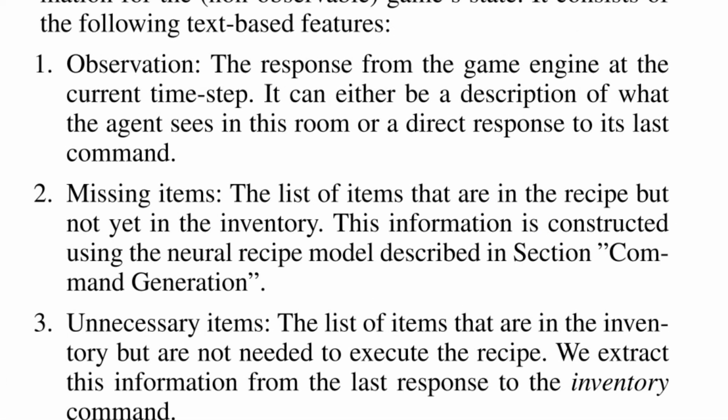It's whatever you saw, the big text you saw before, like you are in the kitchen, it looks like this, it smells like this, you turn around, and so on. This would be the observation. It's what the game engine says at the current time step. This is just a piece of text, right?